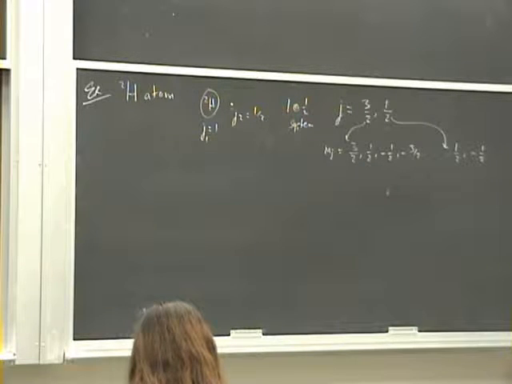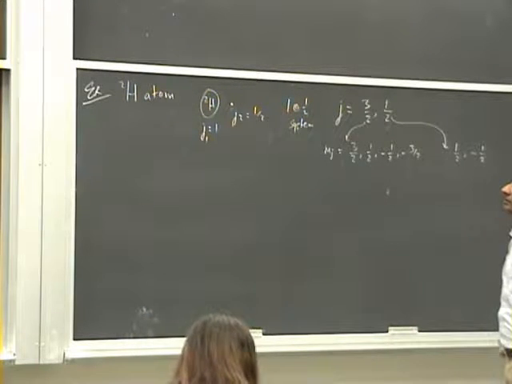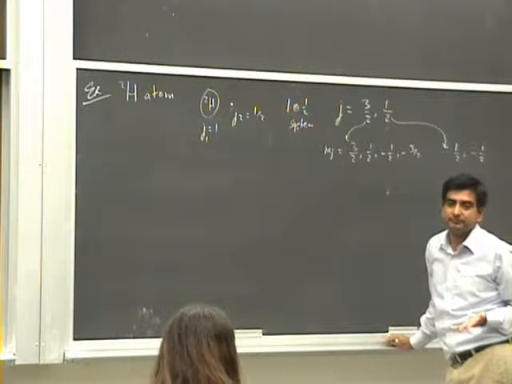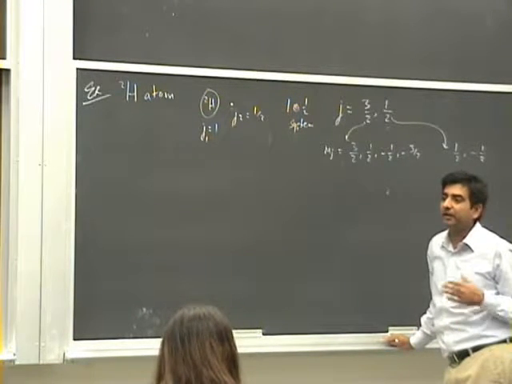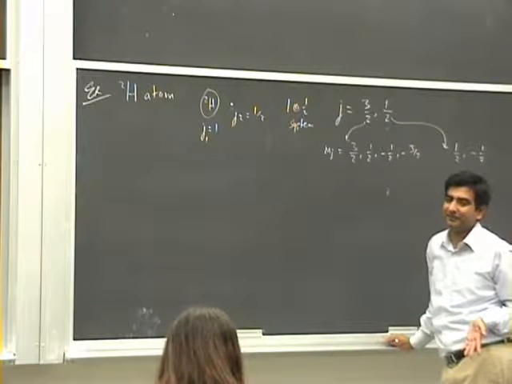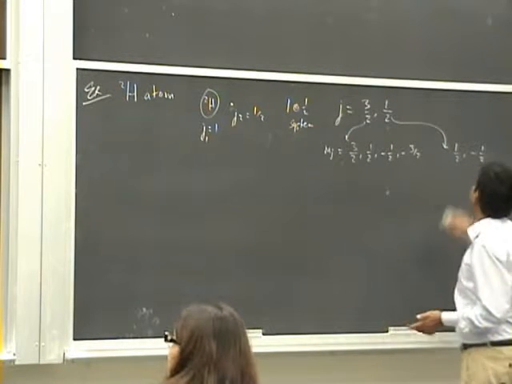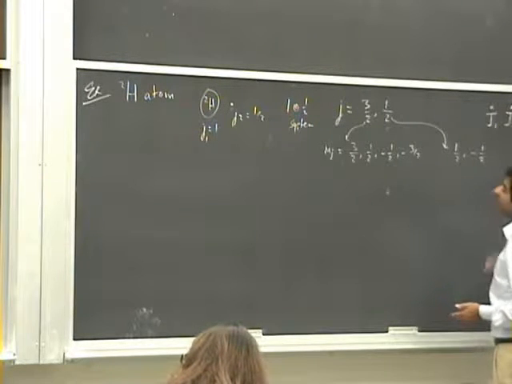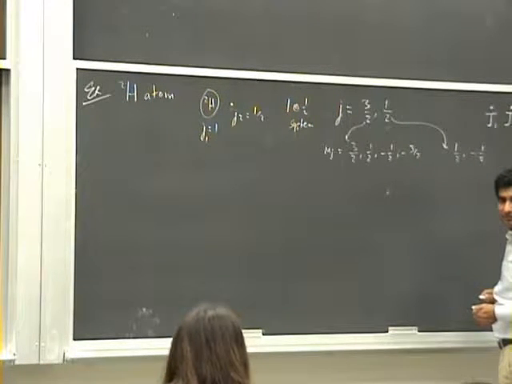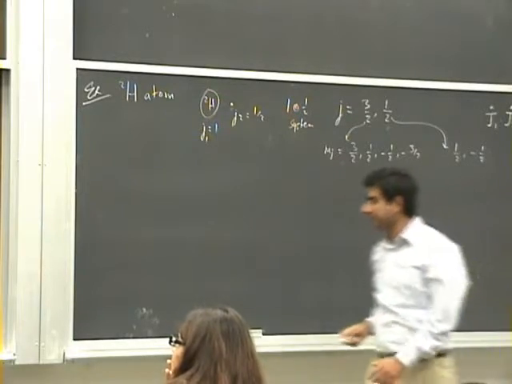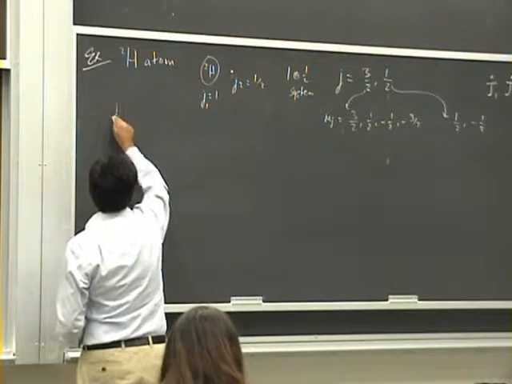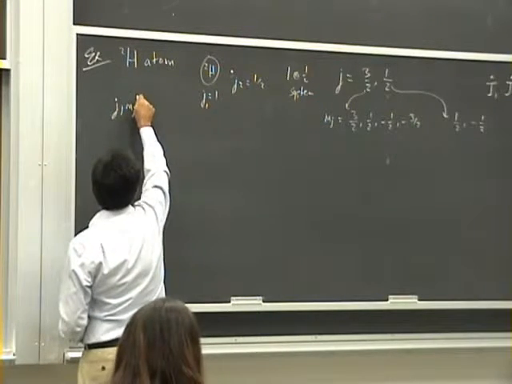Okay. Now I would like to find out the coupled basis states, which will be eigenstates of the Hamiltonian, which is proportional to J1 dot J2. Now the coupled basis states are quite simple to write down. They will be denoted by J and Mj, right?